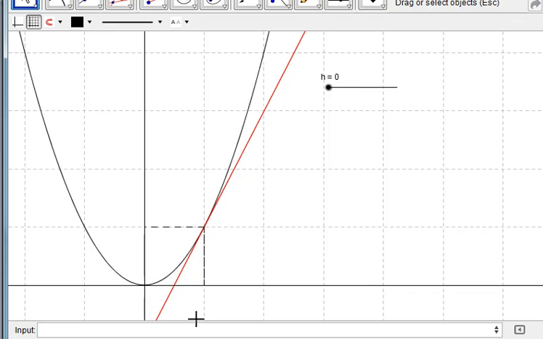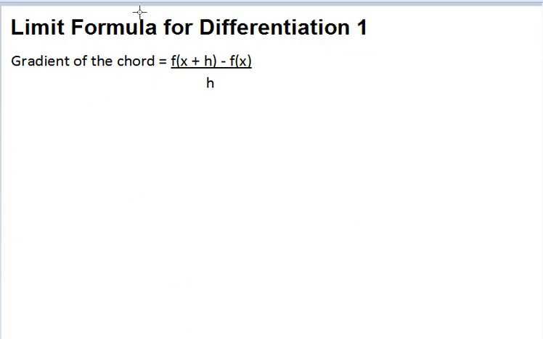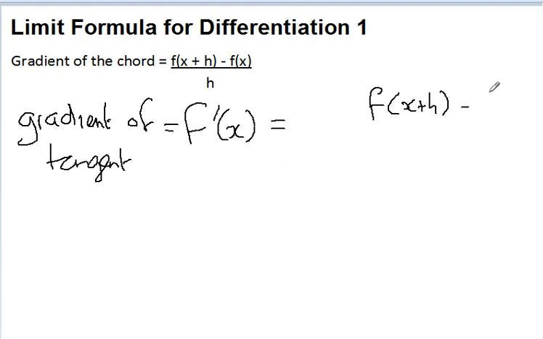So if I go back onto Paint, then the gradient of the tangent at that particular point, so f dash x at that particular point, is equal to f of x plus h, take away f of x, divided by h, so the rise divided by the run.